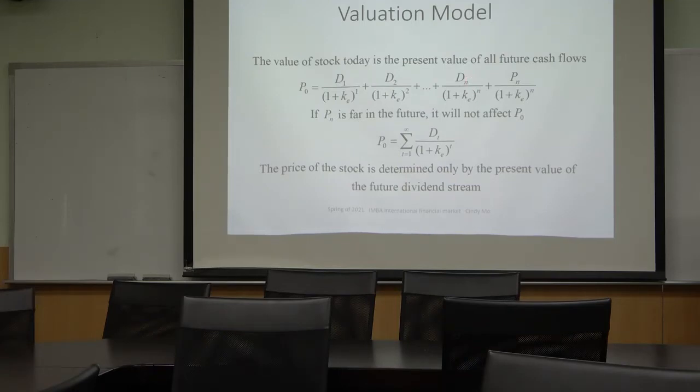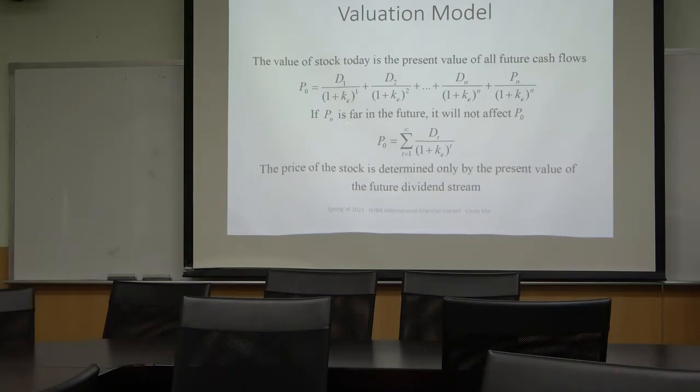So suppose that the discount rate is the same. We use the rate of return KE to discount the future cash flow, the dividends. Also, when we sell the stock at the end of N, we receive PN, the sale price, and we also need to discount it by the discount rate KE.